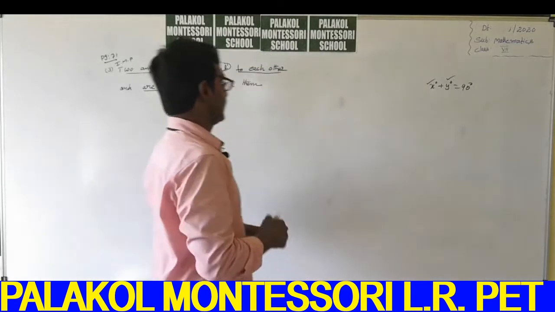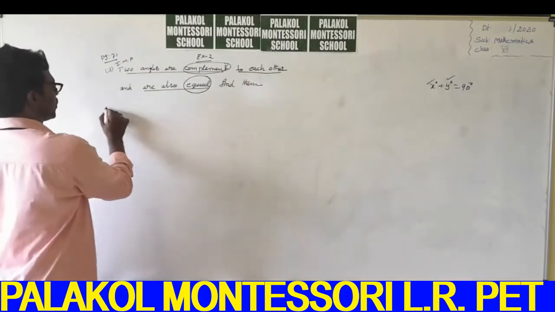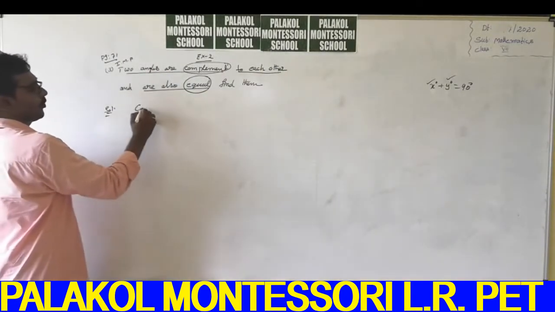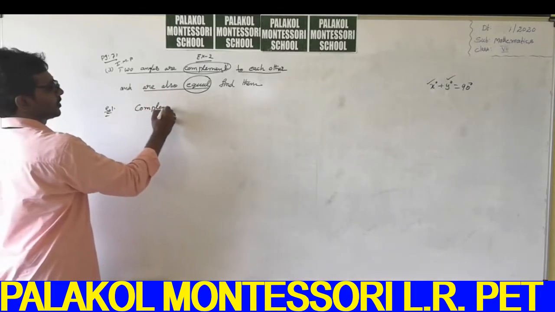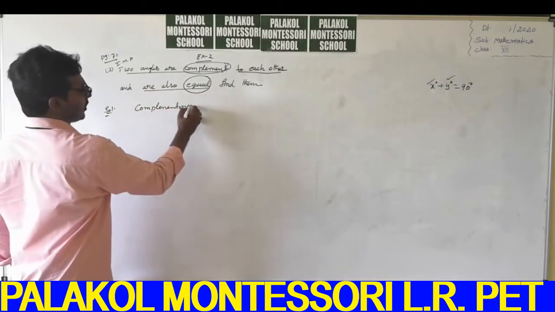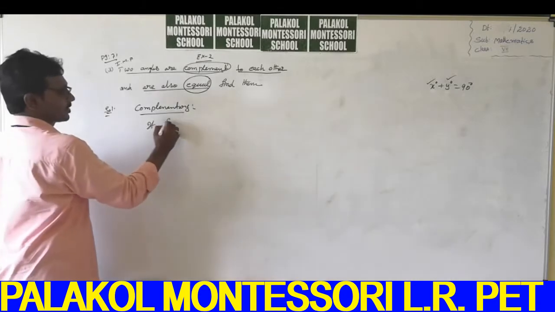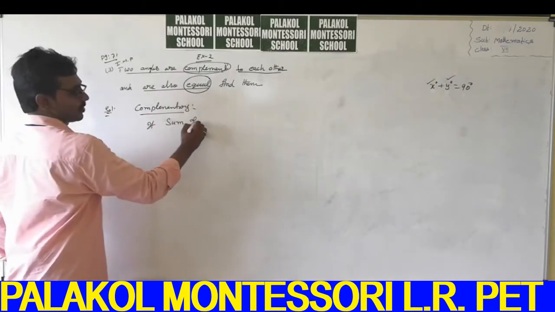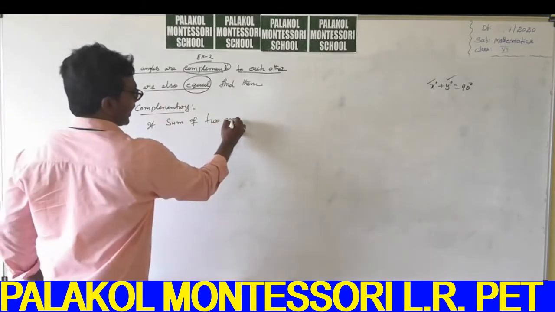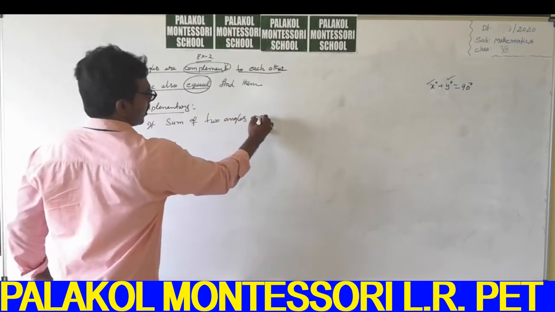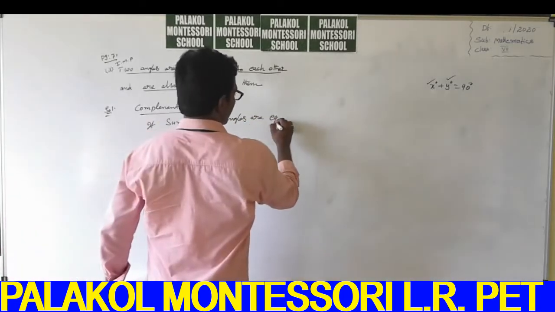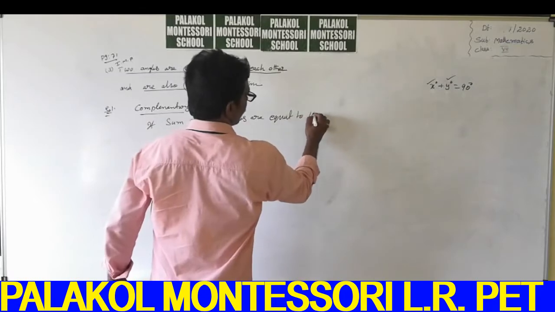Now see, first you write the solution. Complementary means if the sum of two angles is equal to 90 degrees.